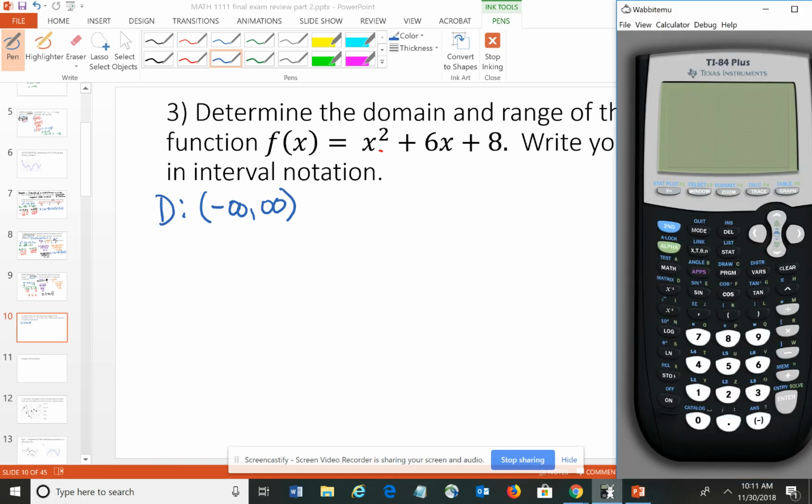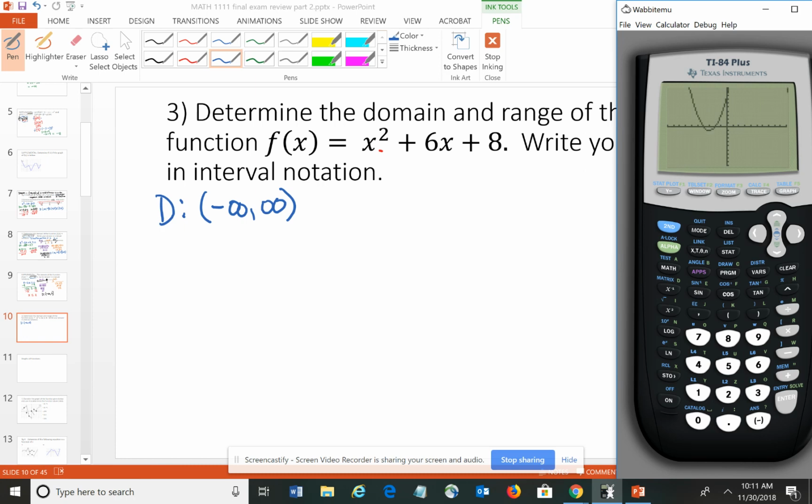I could use my graphing calculator and create the graph so that I could see it. I can type in x squared plus 6x plus 8, and I can create the graph.